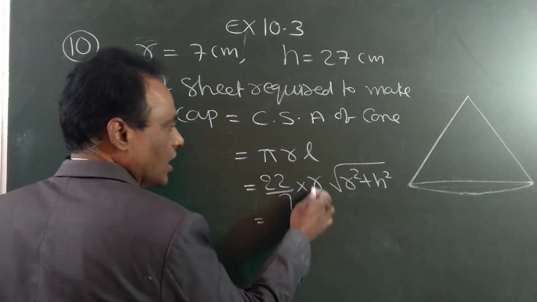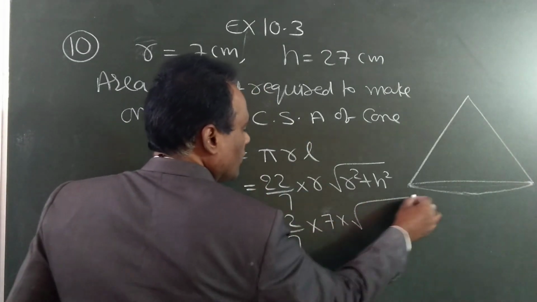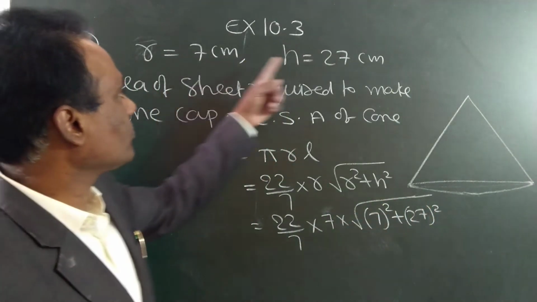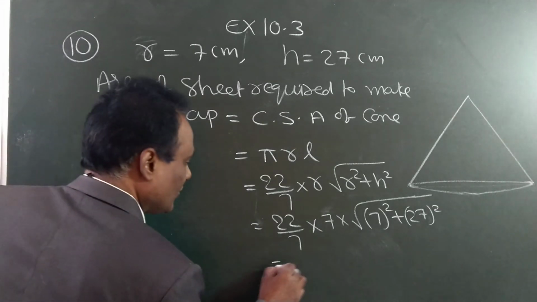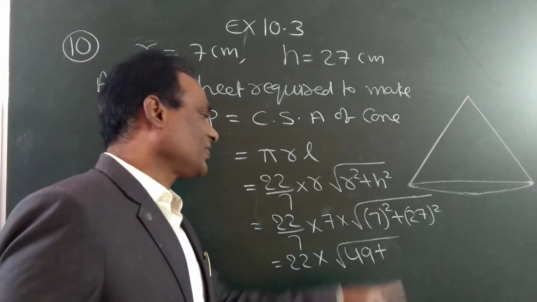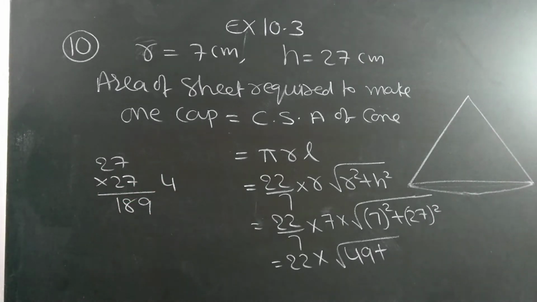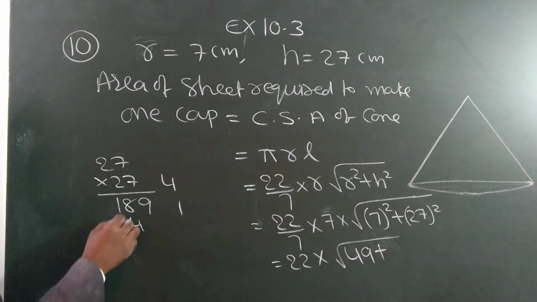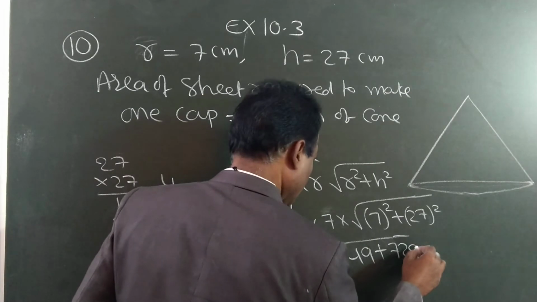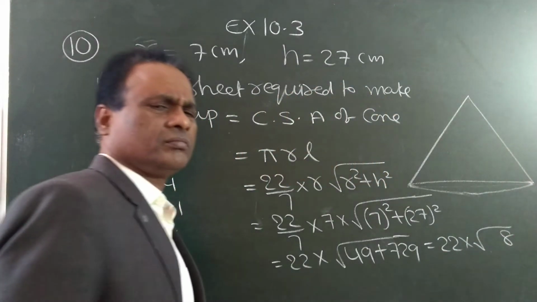So pi is 22 by 7, r is 7, L is root of r square plus h square, that is 7 square plus 27 square. 7 cancels. 22 into root of 7 square, which is 49, plus 27 square. A lot of simplification, lengthy simplifications.